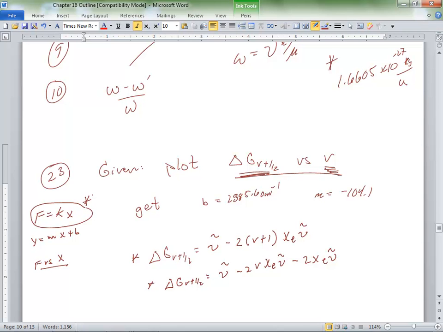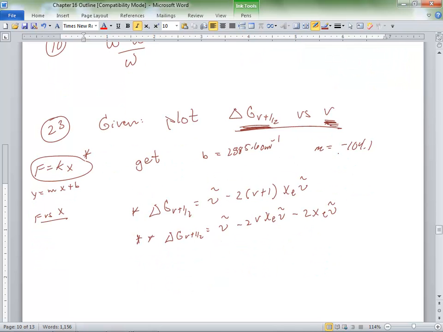So we do the same thought process with this. We're plotting delta G versus V. So what would be my slope in symbols? Now, you don't say V, because remember, when we plot F versus X, we said the slope was just everything we were multiplying times the X. Well, don't forget the negative sign, though.